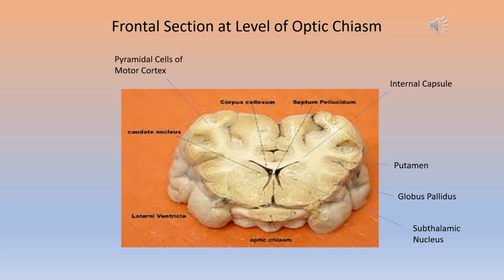Well, at this level of the brain, right at the optic chiasm, that part of the frontal lobe would be called the motor cortex. That's where the notion to make a motion originates, those pyramidal cells of the motor cortex of the frontal lobes. So those fibers are myelinated, they're white.